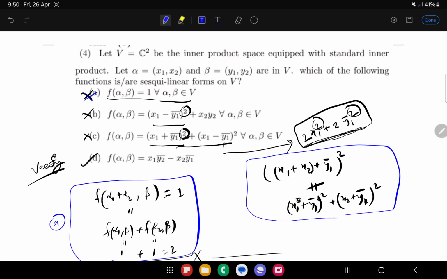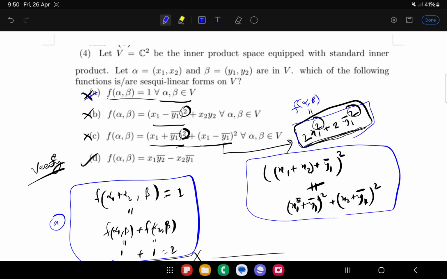For C, this is the description. C is f of alpha, beta equal to 2 x1 square plus 2 y2 square.